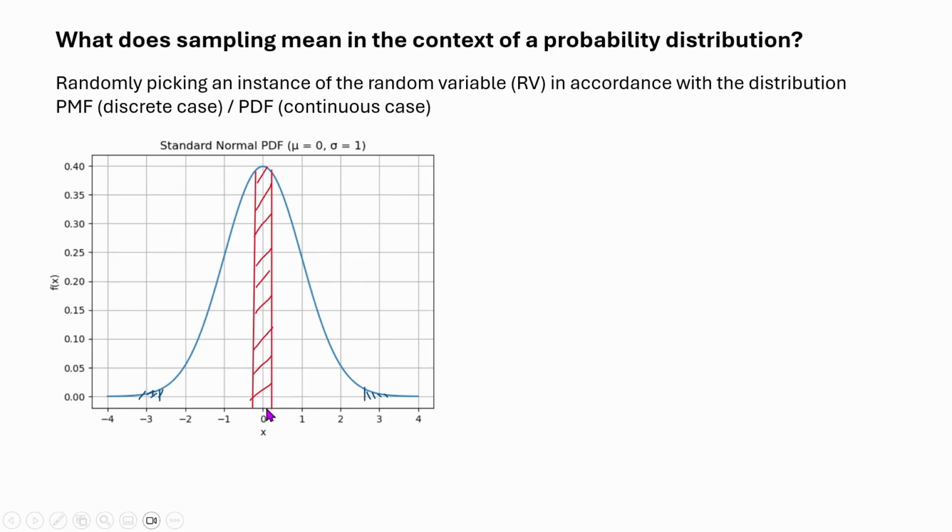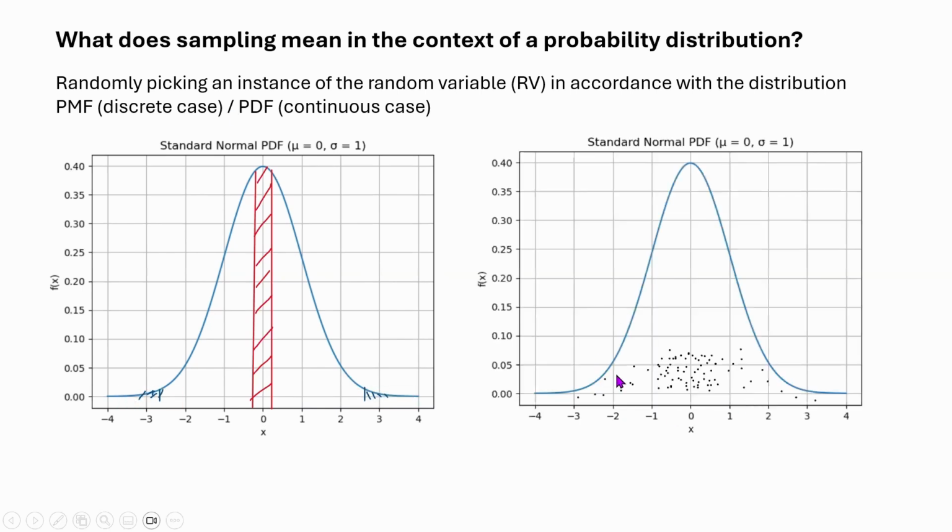So it is highly unlikely that the randomly sampled point will actually come from any of these areas. To be more concrete, if you sample maybe 100 points, 100 instances of random variable x, then most of those instances will come from here. Some will come from here, and very few will come from the tail. So that is what random sampling actually does.